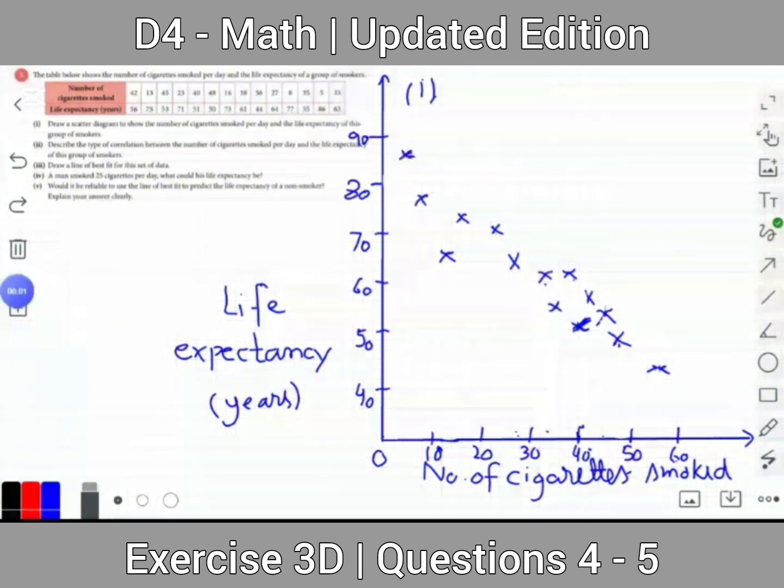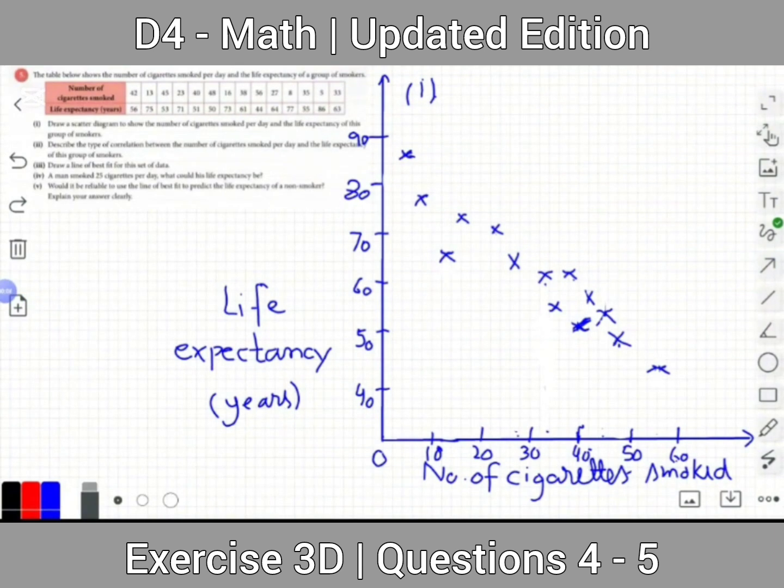In part 2, describe the type of correlation between the number of cigarettes smoked per day and the life expectancy of this group of smokers. Since we see that as the number of cigarettes smoked increases, the life expectancy of the group of smokers decreases, this shows a strong negative correlation.